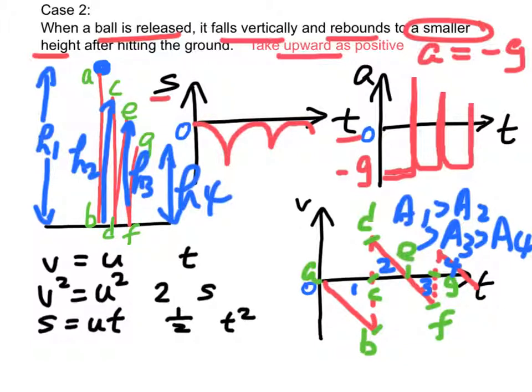Lastly, the equations of motion become v equals u minus gt, v squared equals u squared minus 2gs, s equals ut minus half gt squared. These equations can still be applied when the ball is moving in air.